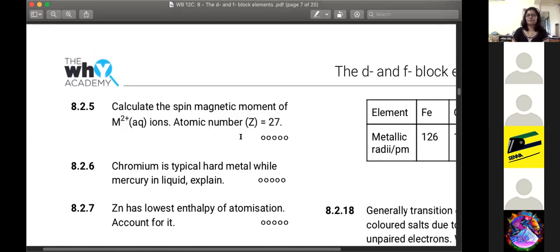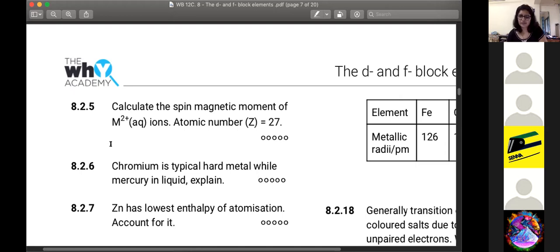Here you're given the atomic number and the species exists as M2+ ions. So you'll also have to take into account removing the 2 electrons, and with the remaining electrons, figure out the electronic configuration, and from that, calculate the spin magnetic moment.